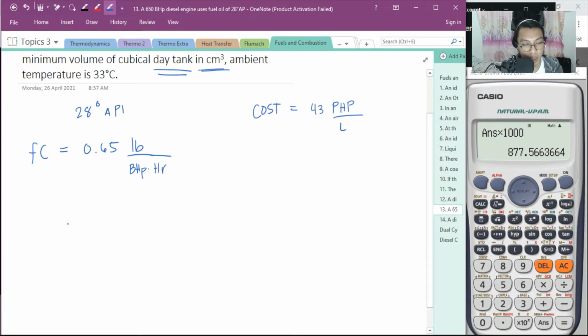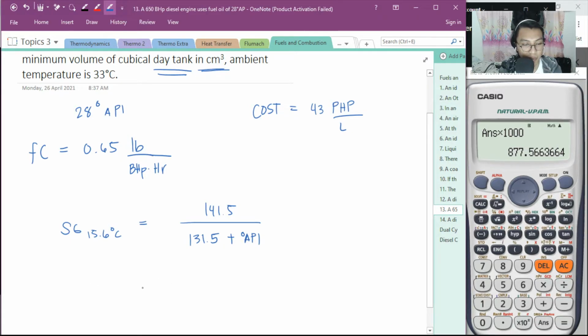So solve na natin. SG, ilagay mo dito 15.6 degrees Celsius equal to 141.5 divided by 131.5 plus degree API. Binigay yung degree API mo. SG at 15 ang hinahanap mo.